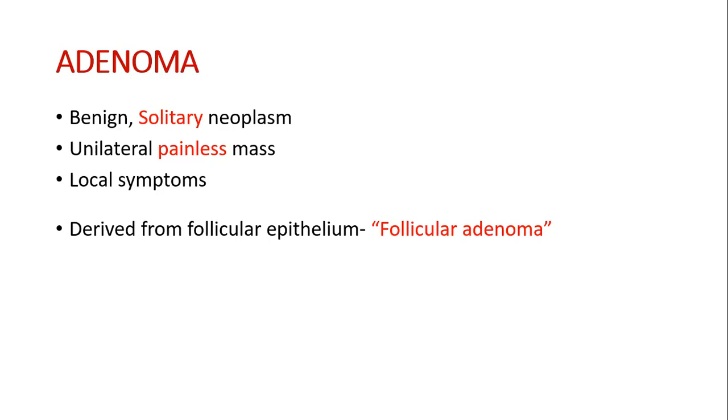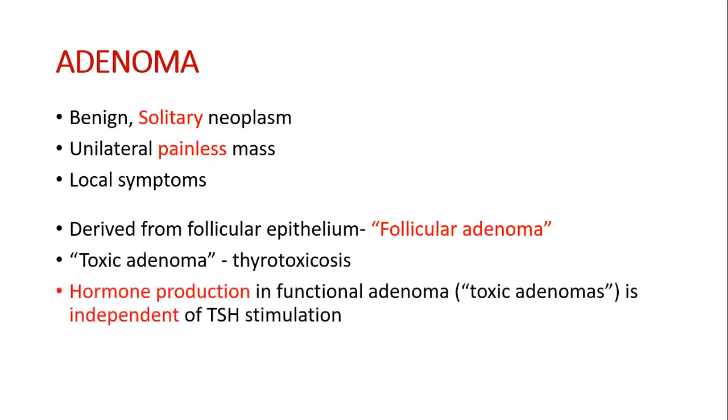Since adenomas originate from follicular epithelium, they are called follicular adenoma of thyroid. If they are producing hormones and causing a hyperthyroid or toxic state, they are called toxic adenomas also. Hormone production in a functional adenoma is independent of TSH stimulation from the pituitary.